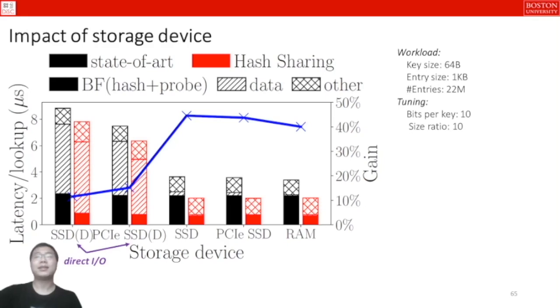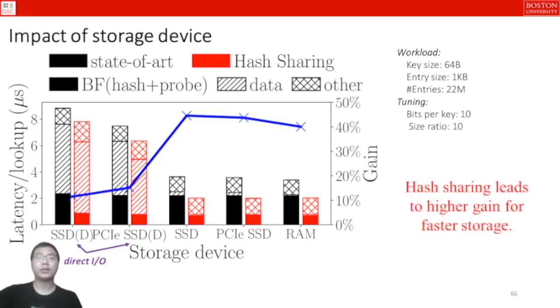When the accessing speed is comparable to hash calculation, the time spent on hash calculation can dominate the query performance. And thus, hash sharing leads to higher gain for faster storage devices.